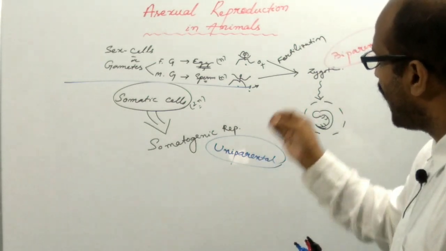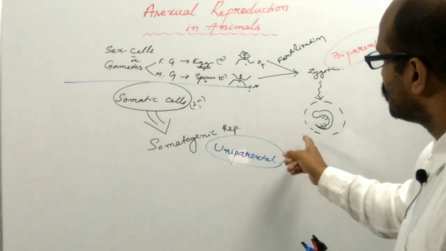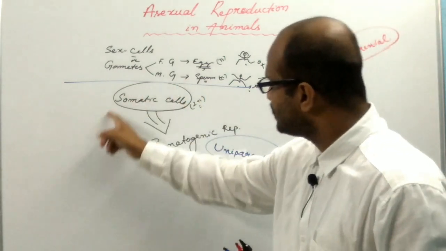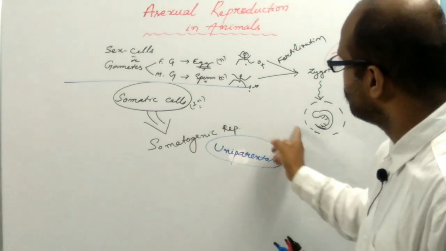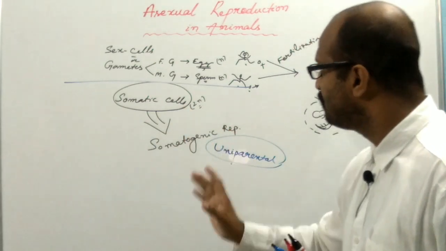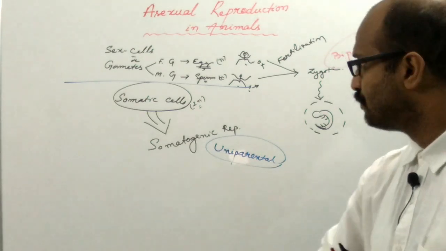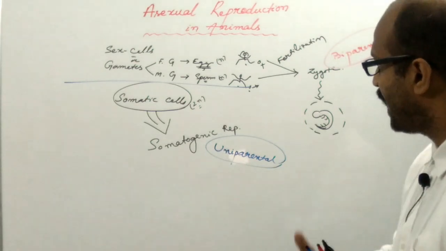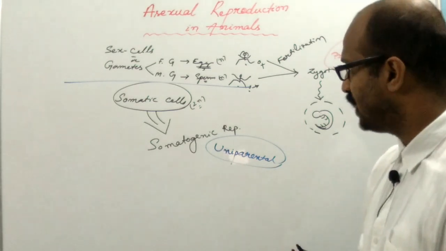So obviously at the beginning, the reproduction was of the asexual type, simply the division of the body of the organism and production of new individuals.